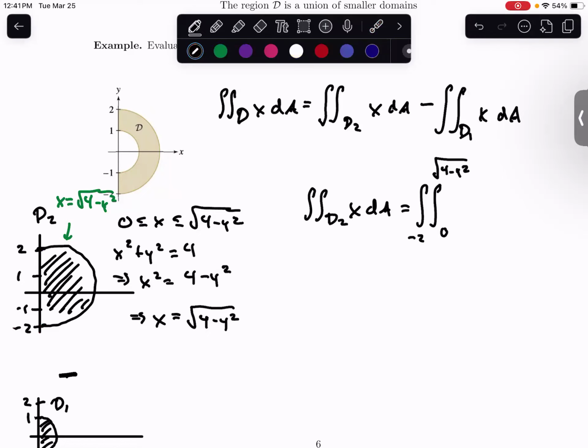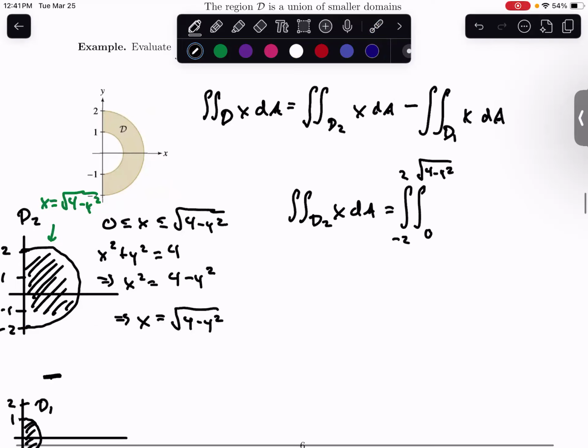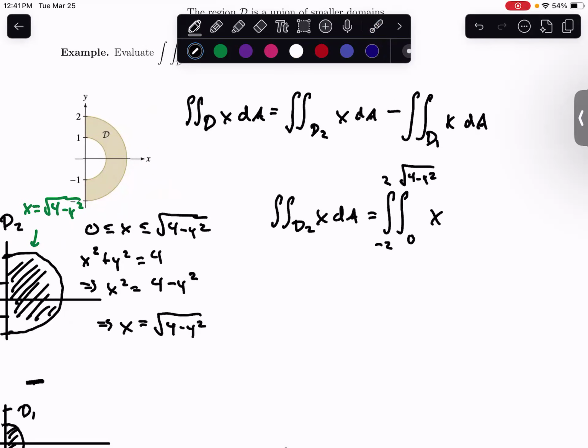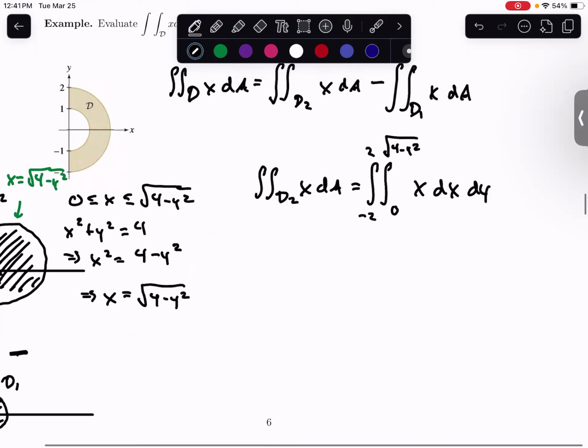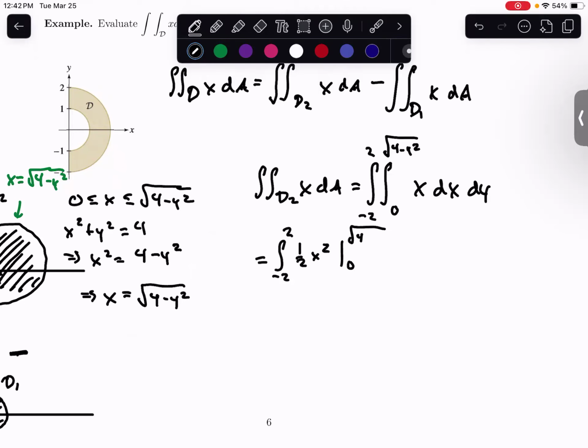We're integrating x, first with respect to x, and then with respect to y. Now it's just a matter of computing this integral. This is going to be equal to the integral from -2 to 2 of 1/2 of x squared, evaluated between 0 and the square root of 4 minus y squared, dy.